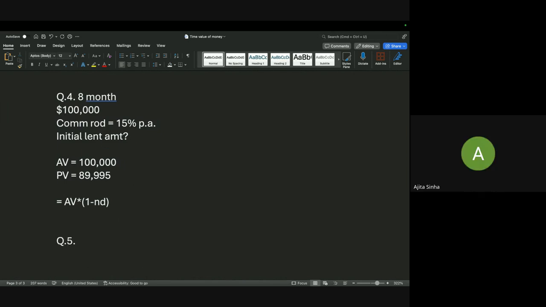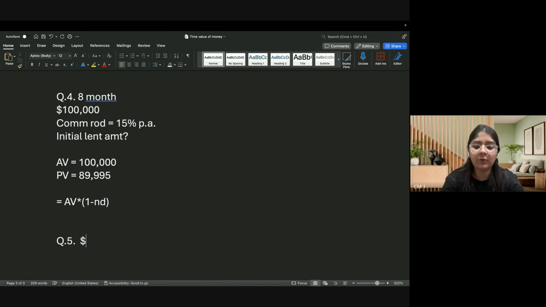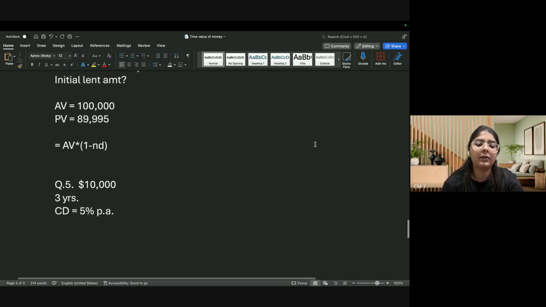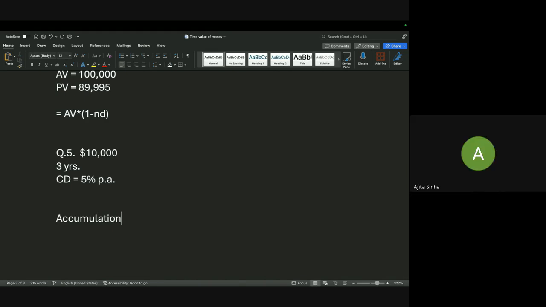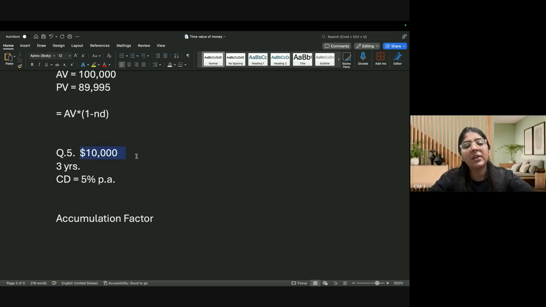No, ma'am. Okay. So now you have to discount $10,000 for 3 years using a compound discount rate of 5% per annum. So what do you have to find out? This is PV or AV?